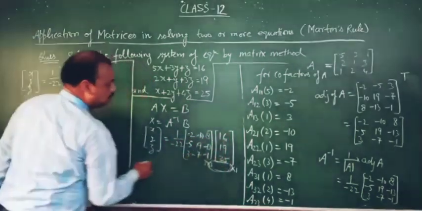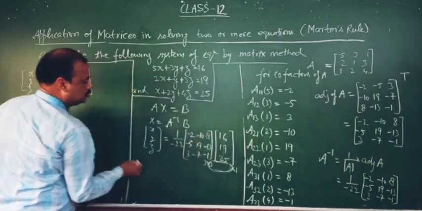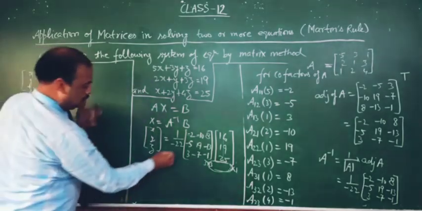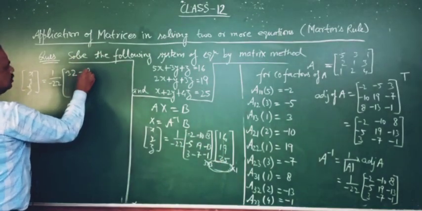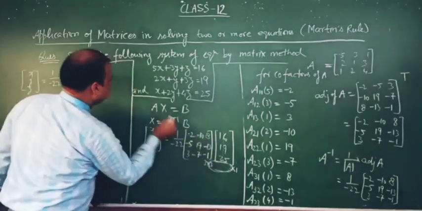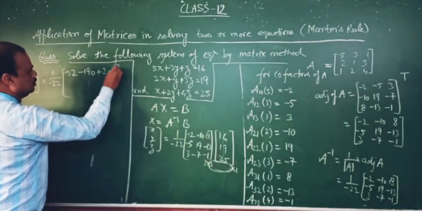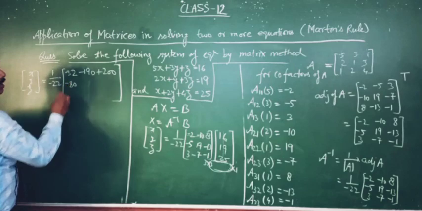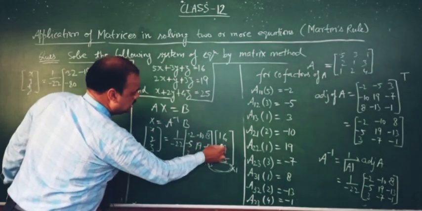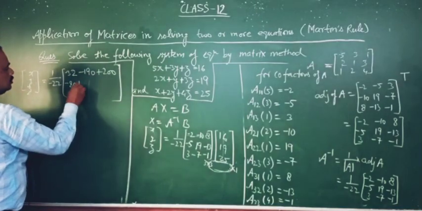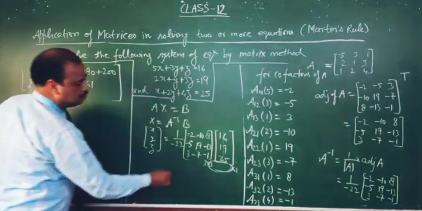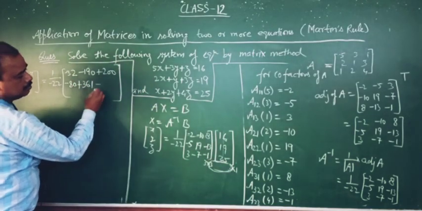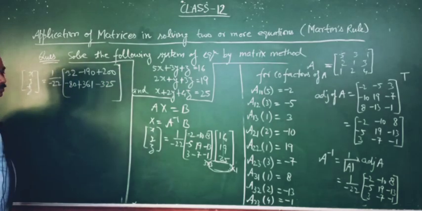First row, first column: negative 32, negative 190 and plus 200. Second row, first column: negative 80, 19 times 19 is 361, negative 13 into 25, negative 325.